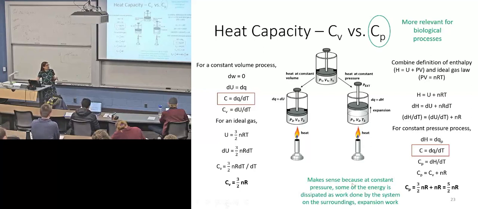At constant pressure, some of the energy is dissipated as work done by the system on the surroundings, or expansion work. In the case of constant volume, we're not doing any pressure volume work. All of the heat that goes in goes to raising the temperature. So our heat capacity is how much heat it takes to get a single increase in temp.